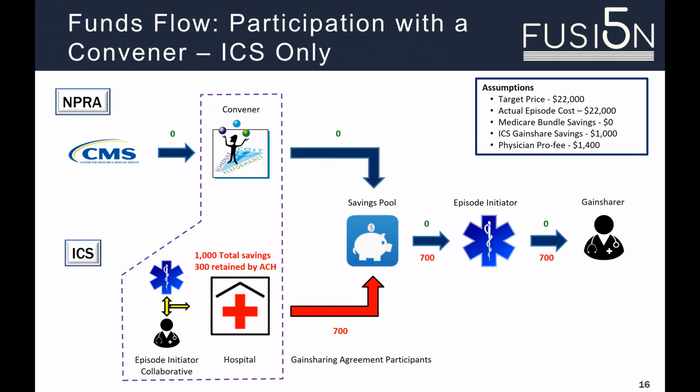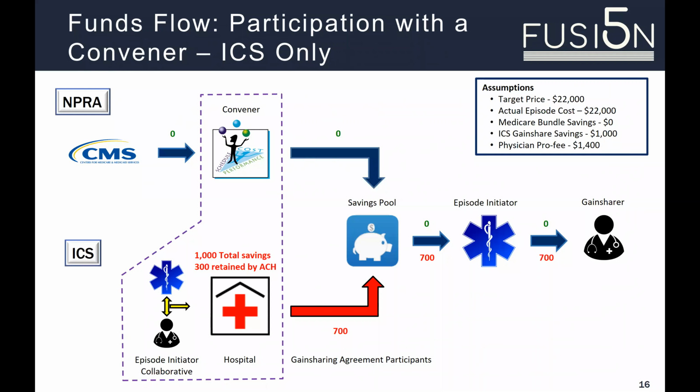Let's take scenario 2. You have 0 NIPRA. Let's say on that same target price of 22, the sum of everybody's spending was 22. But let's say because of your good negotiation and working with us and working with an episode initiator collaborative that we are helping to facilitate, that you generate $1,000 in savings.